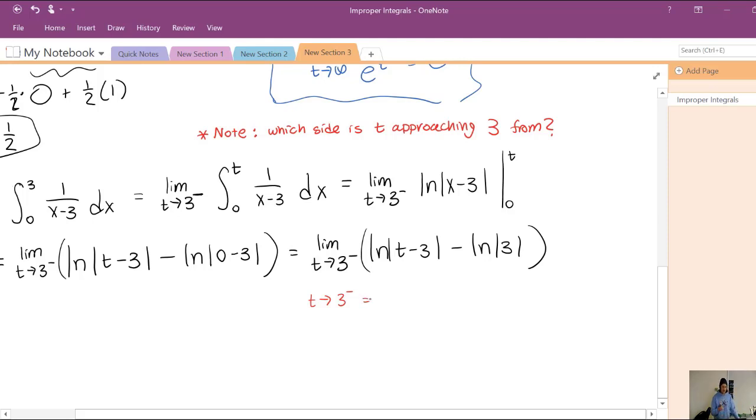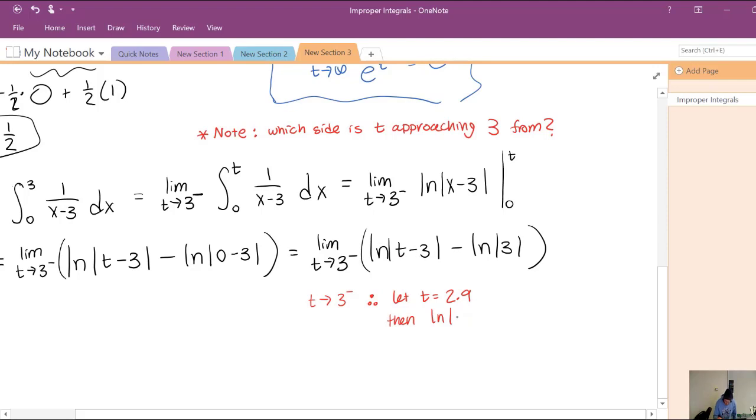Smaller, right, slightly. So let's say t was something like, just to get an idea of what's happening, 2.9, and we have natural log of, let's see, this minus this is negative 0.1, and then absolute value, so 0.1.